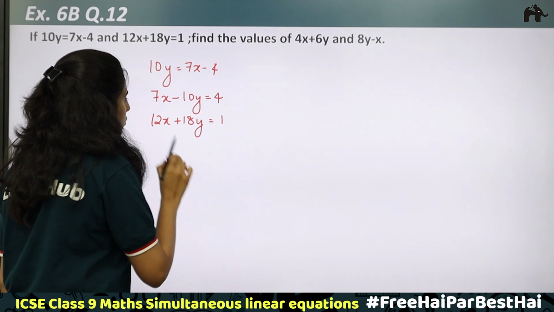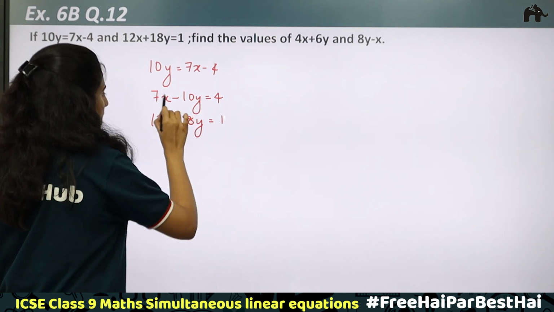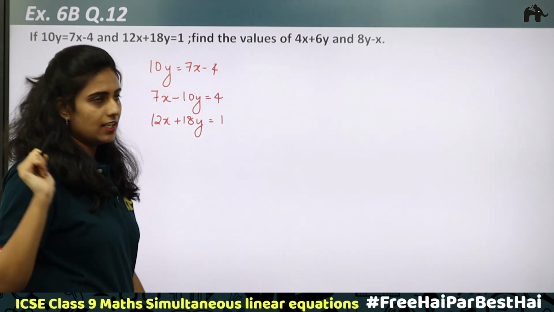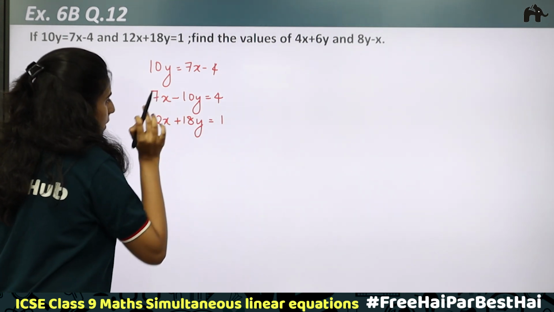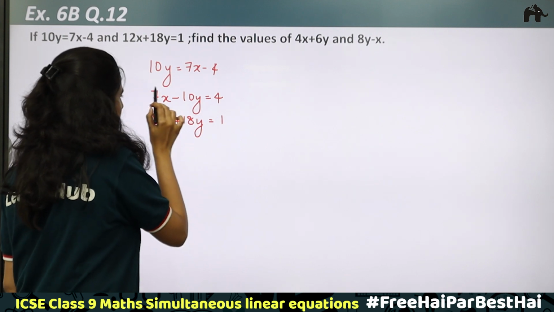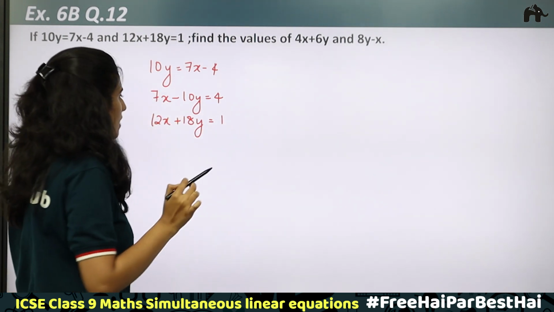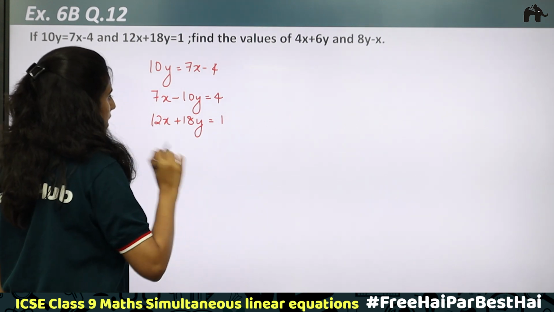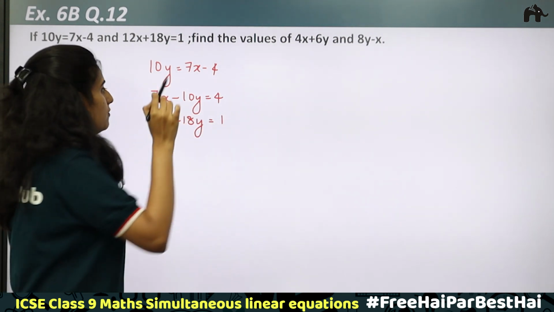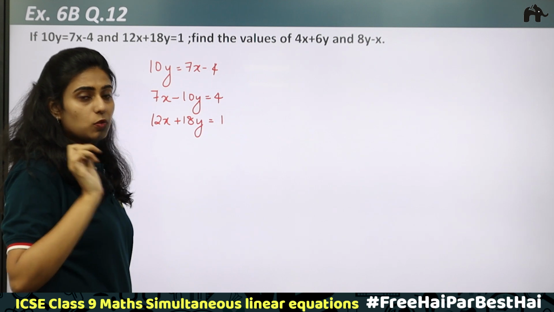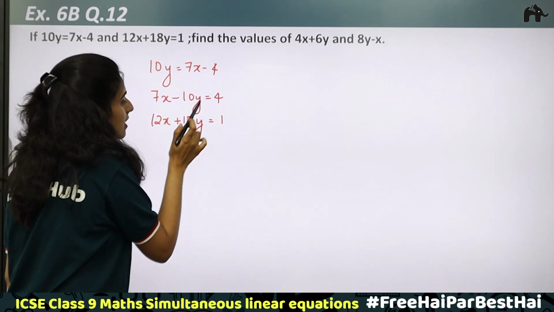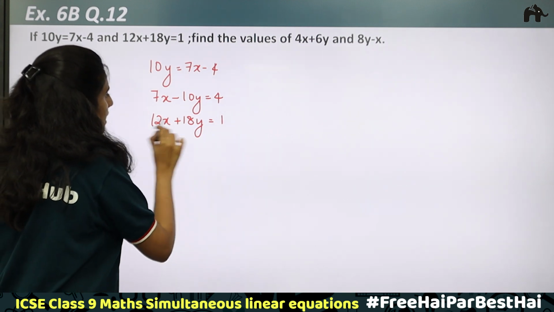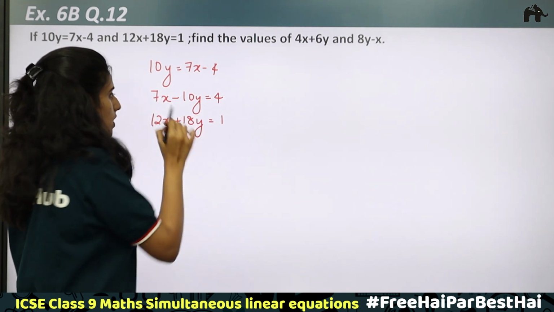Now we have to make the coefficients of x or y the same in the first and second equations. If you have to make the x coefficient the same, we will have to multiply the first equation throughout with 12 and the second equation throughout with 7. If you have to make the y coefficient the same, the first equation should be multiplied throughout with 18, that is the coefficient of y in the second equation, and the second equation throughout should be multiplied with 10.